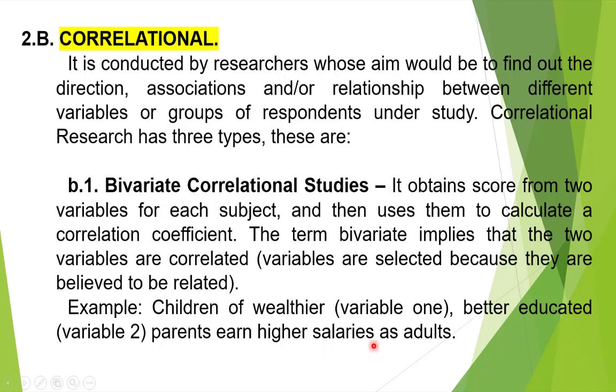So you're going to correlate or show the association that children from a wealthier or better education can earn a higher salary when they grow old, or when they reach adulthood, or when they reach a time in their life that they could earn on their own. So that's bivariate.